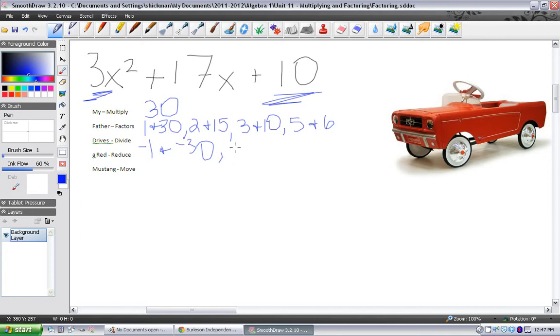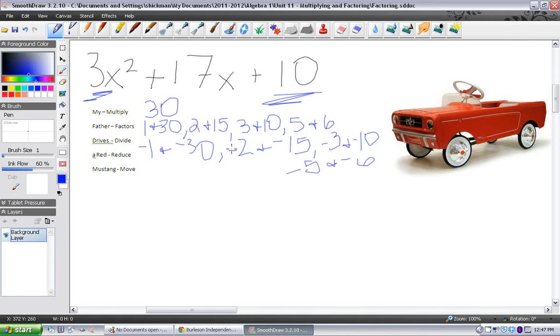Negative 2 and negative 15 multiply to 30. And negative 3 and negative 10 multiply to 30, and then last negative 5 and negative 6 multiply to 30.